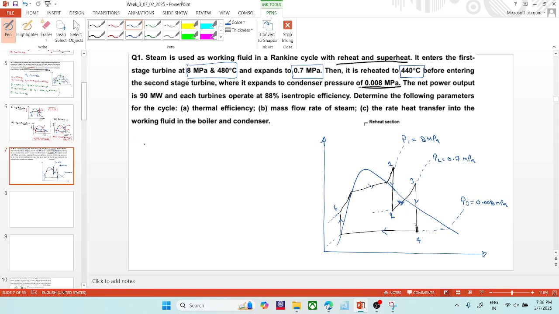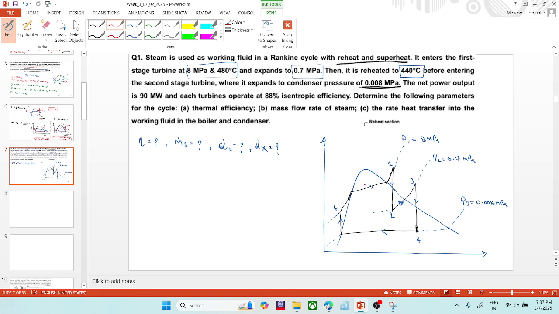Okay, so what we have to determine is the efficiency, then the mass flow rate of the steam, then the heat supplied in the boiler here and here, and the heat rejected. These four things we have to calculate.